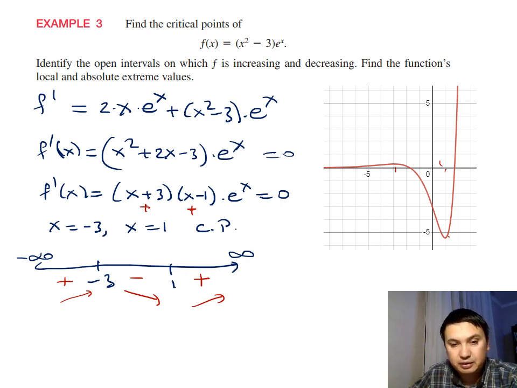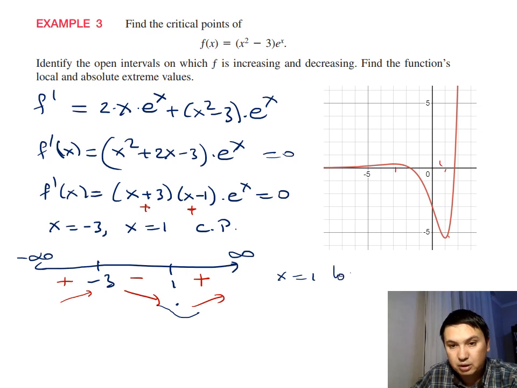From the first derivative, if I pass 1 from left to right, the derivative is changing from minus to plus.